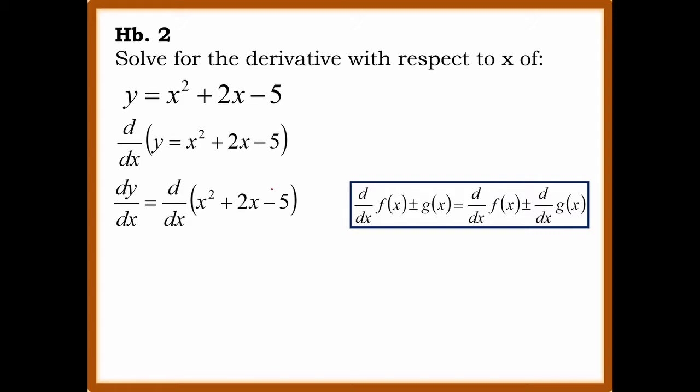Let us explain this a little bit. So, meron tayong functions of f of x, meron tayong g of x, functions of x sila. Kapag ang operation in between them is addition or subtraction at nasa loob sila ng derivative operator, derivative with respect to x, pwede nating paghiwalayin si f of x at si g of x.